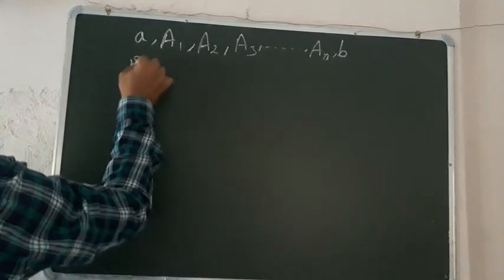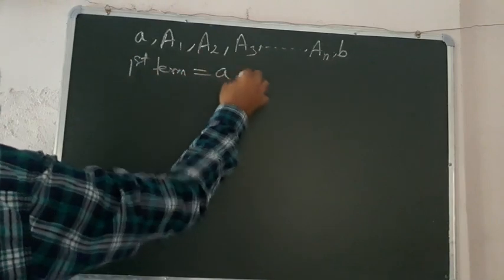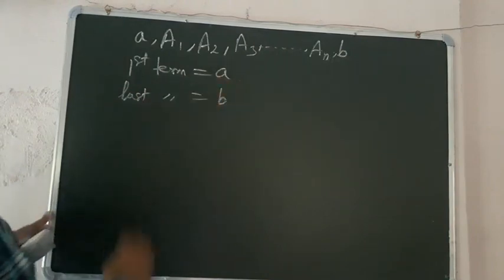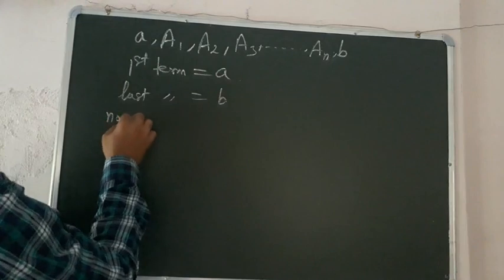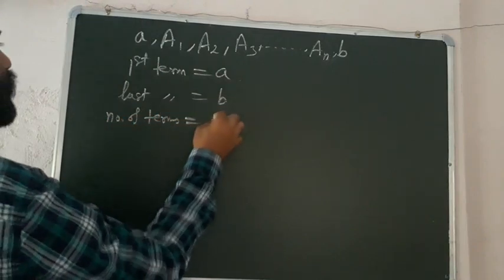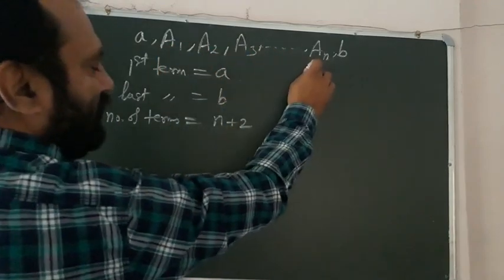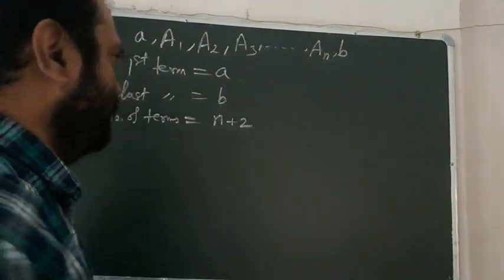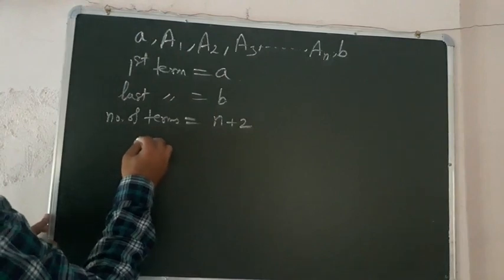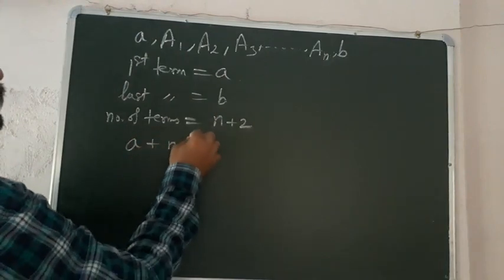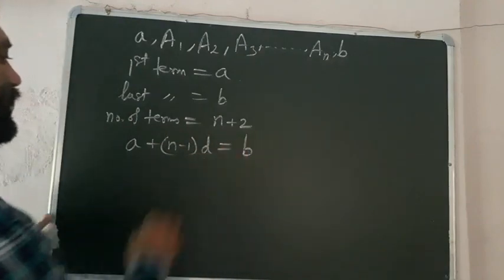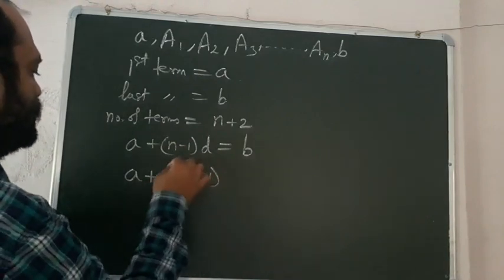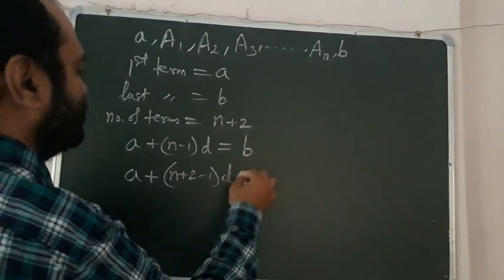The first term is a and the last term is b. So what is the total number of terms? The number of terms is n plus 2, since n are arithmetic means and two are added. Using the formula for the last term, a plus (n minus 1) into d: the last term is b, the first term is a, and the number of terms is n plus 2, so a plus (n plus 2 minus 1) d is equal to b.